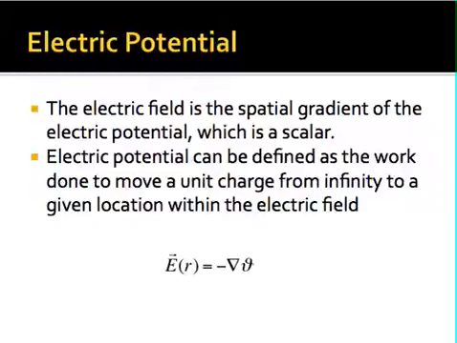The classic definition is if you took a unit charge located at infinity and moved it from infinity, where ideally the voltage or the electric potential is defined as 0, to a given location within the electric field, that would be the electric potential, where the electric potential at infinity is defined as 0, or an ideal ground out at infinity.